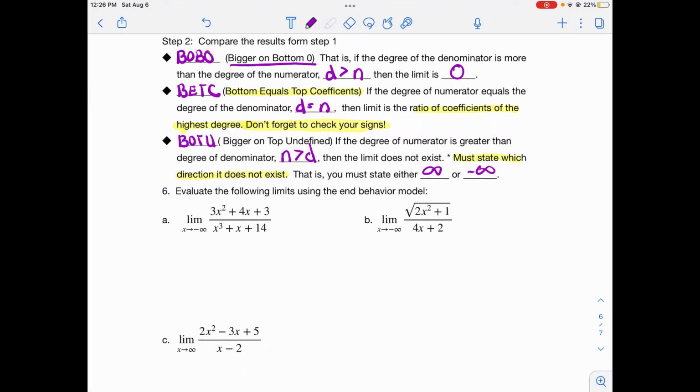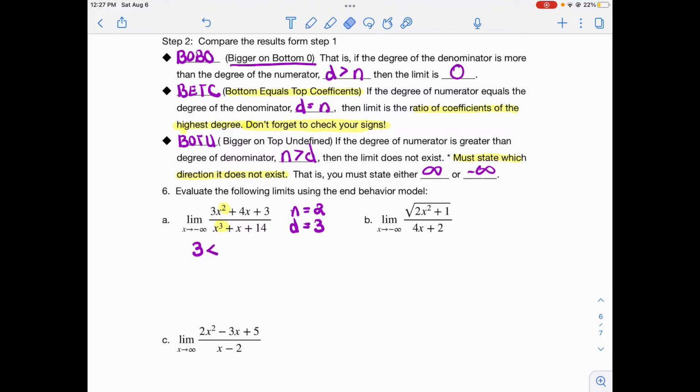So how do we work something like this? For part A, we have the limit as x approaches negative infinity. My numerator is a quadratic, with degree 2. My denominator is a cubic, with degree 3.